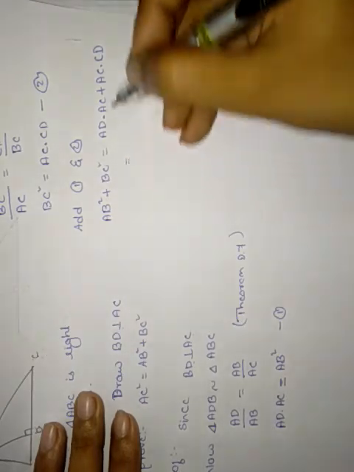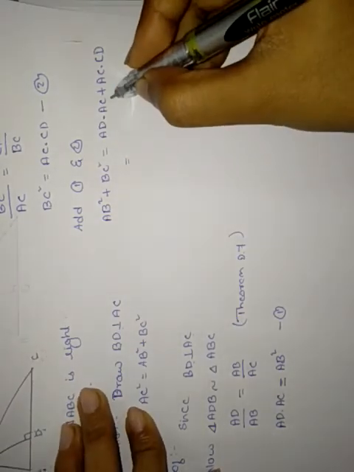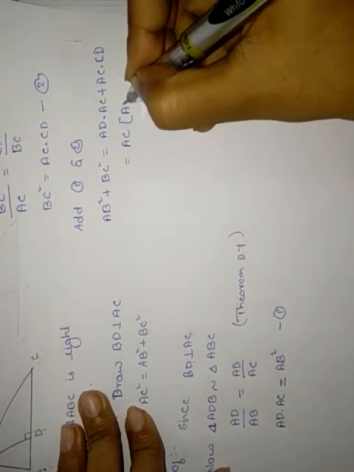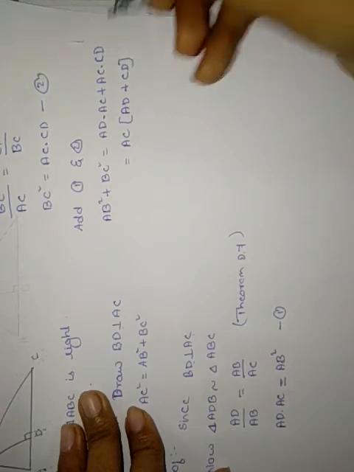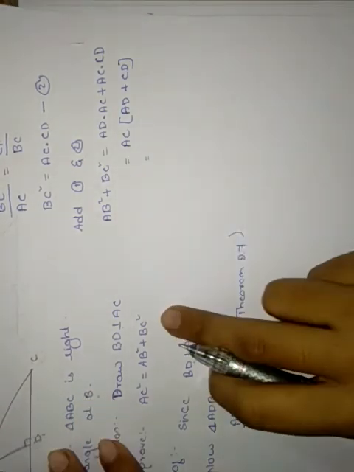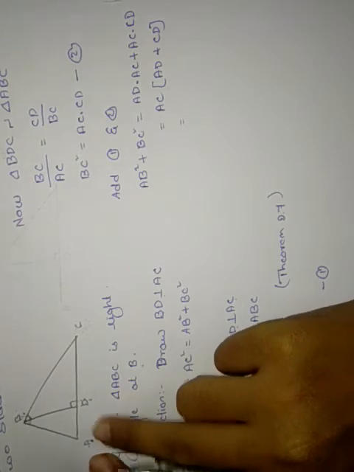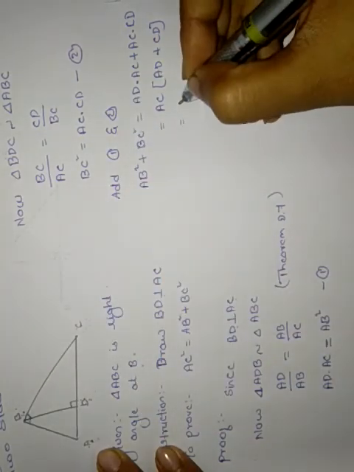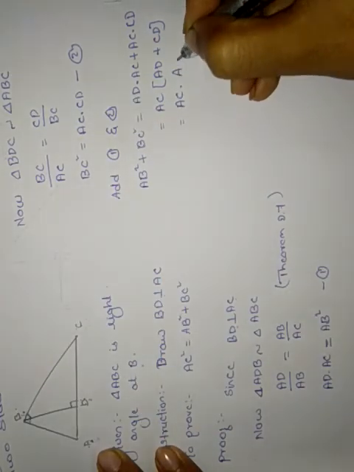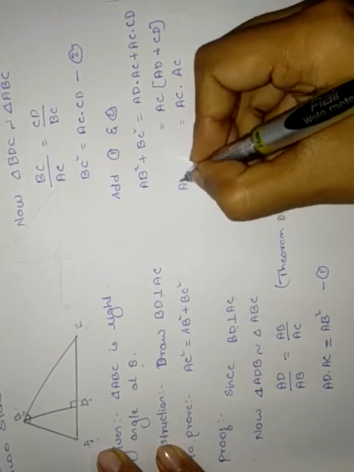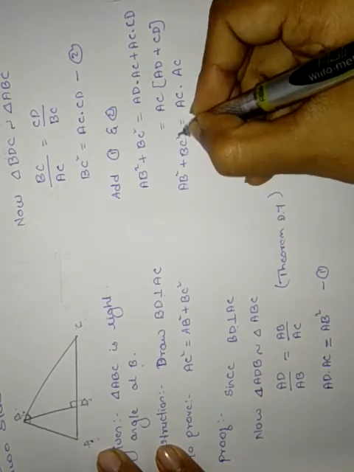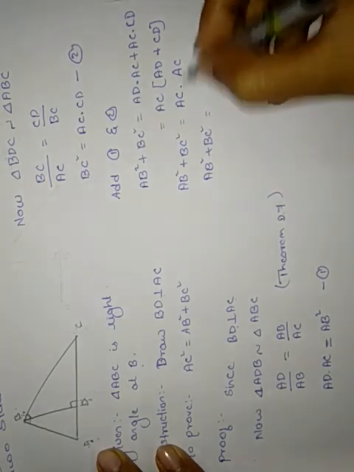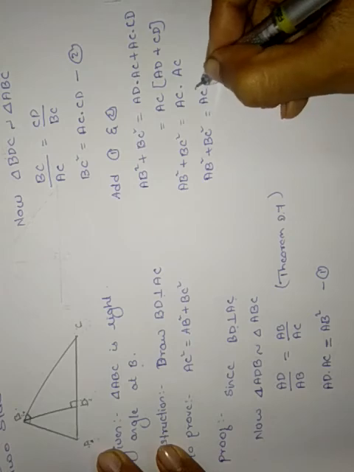Now we'll take out the common factor, that is AC is common, right? So AC is common, AD plus CD. You can observe in the figure that we got AD plus CD, right? Then AD plus CD means what? AC. So we'll write here AC into AC. That is AB square plus BC square is equal to AC into AC, which means AC square.